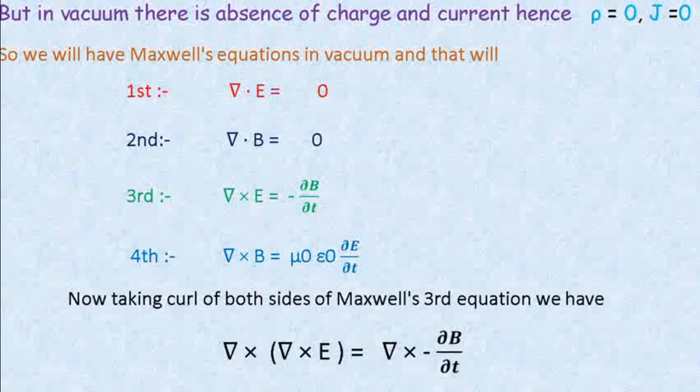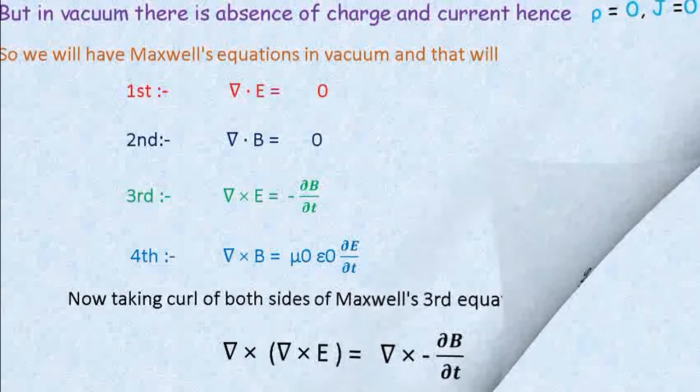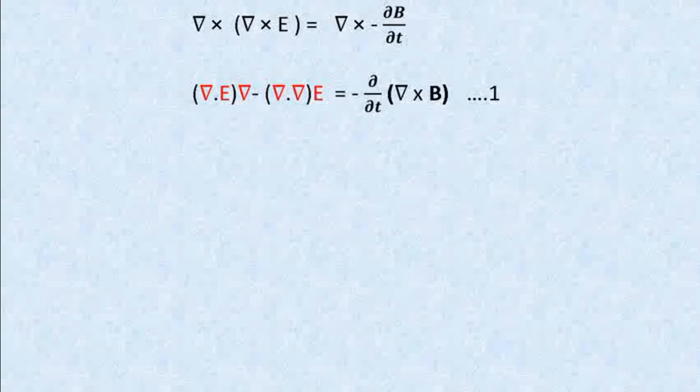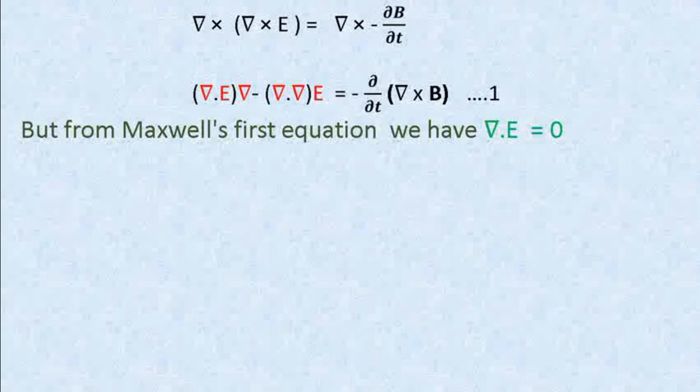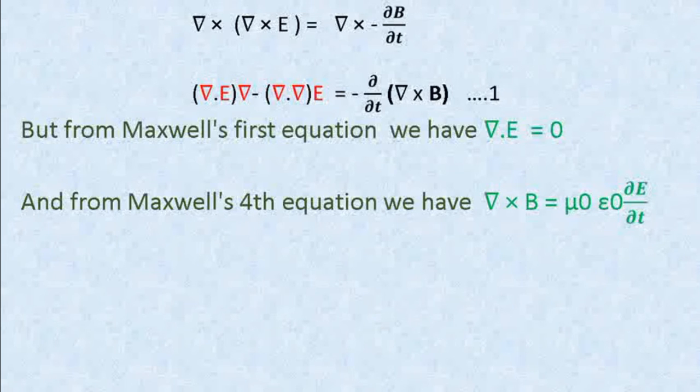Now taking the curl of both sides of Maxwell's third equation, we have the third equation in this form. And the LHS of this equation I can write in this form by the property of the vector triple cross product, and on the RHS I write partial with time of del cross B. But from Maxwell's first equation we have del dot E equal to 0, and from Maxwell's fourth equation we have del cross B equal to mu naught epsilon naught partial differentiation of E with respect to t.